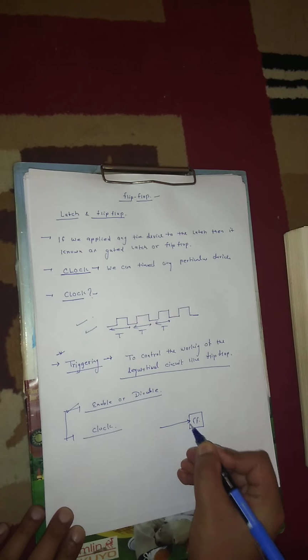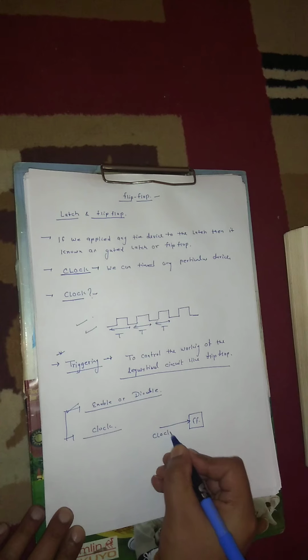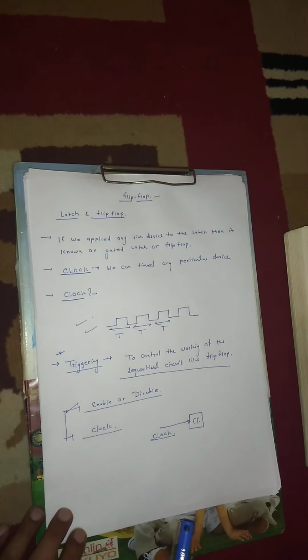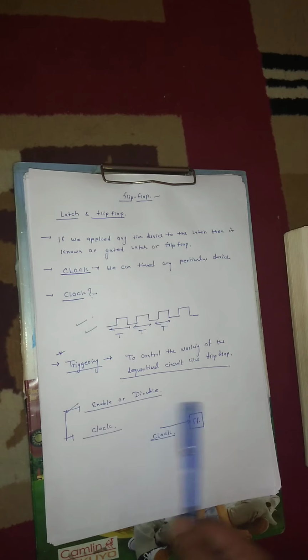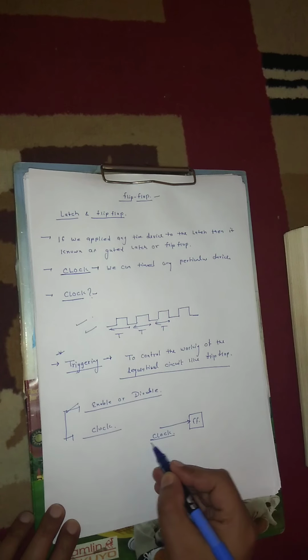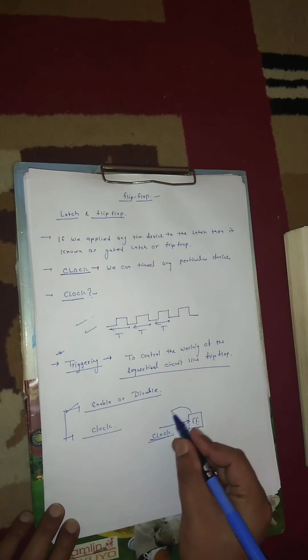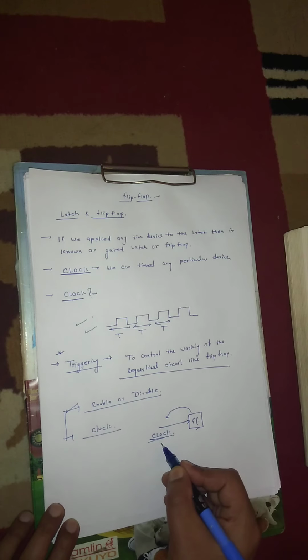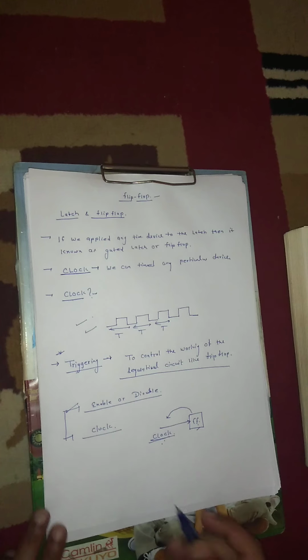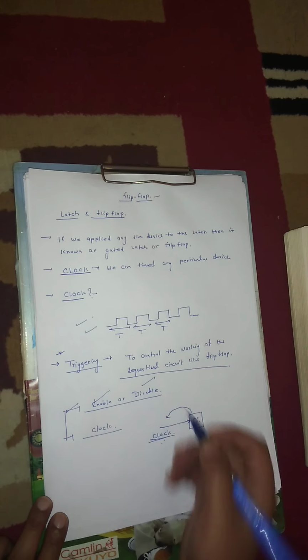Now we apply a particular clock to it, and the flip-flop works according to, or depends on, the behavior of the clock. Depending on the clock, the flip-flop becomes enabled or disabled.